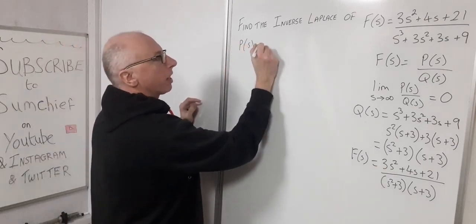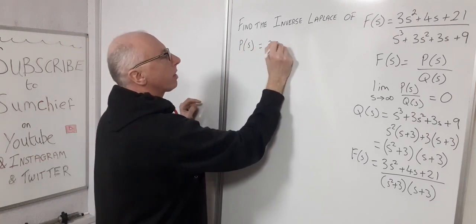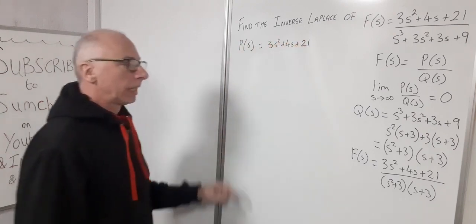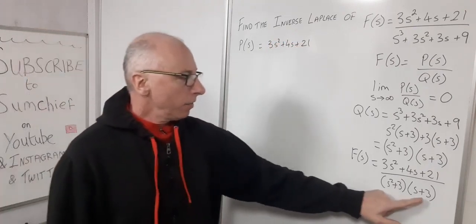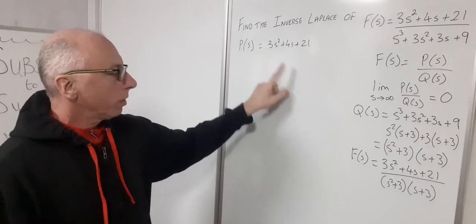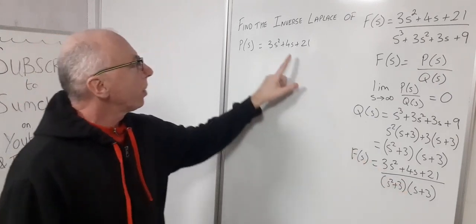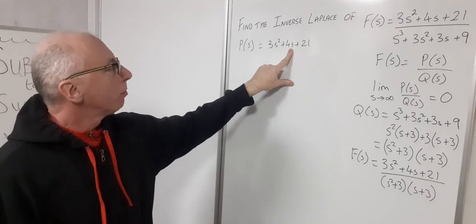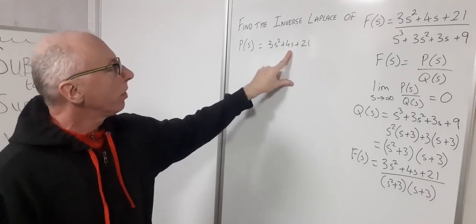So P(s) equals 3s² + 4s + 21. Now can we get any of these out of this? If I have a look at s + 3, I could possibly take an s + 3 out of there because I've got 4s + 21.